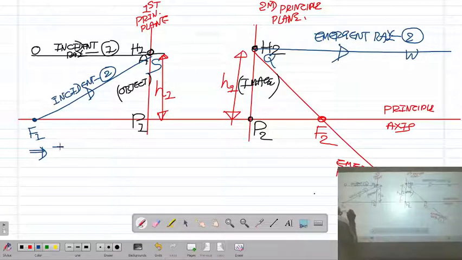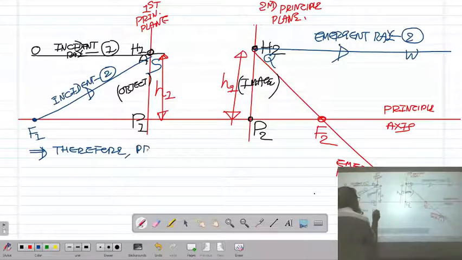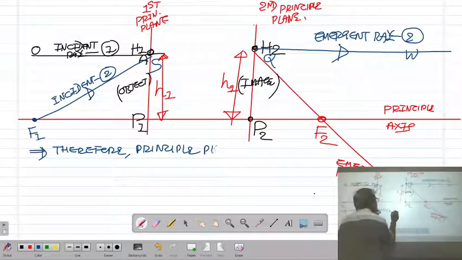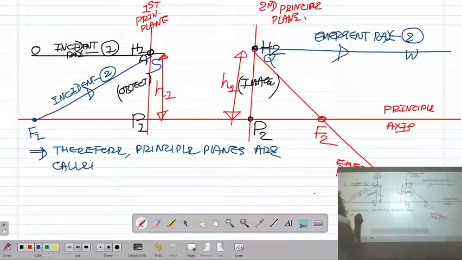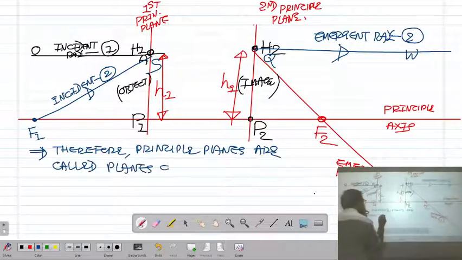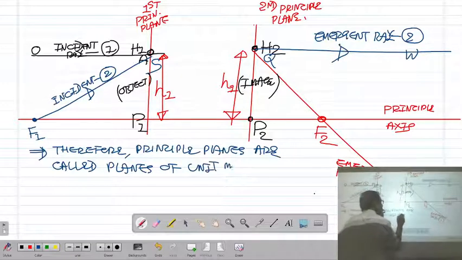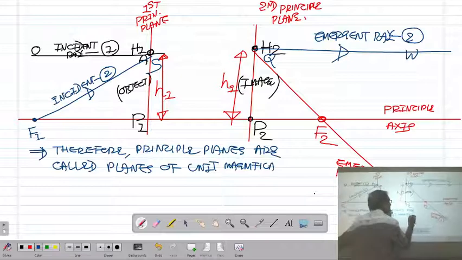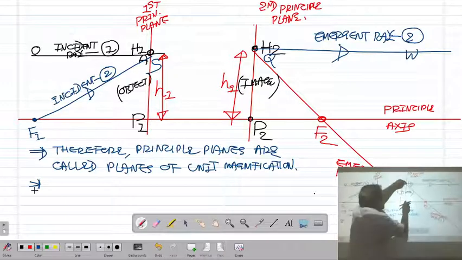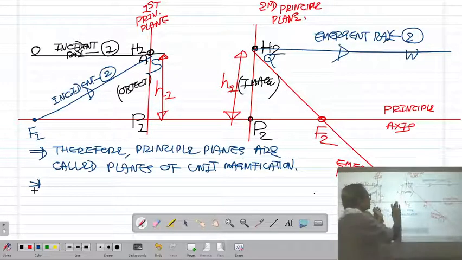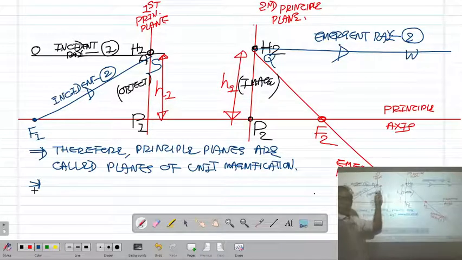Therefore principal planes are called planes of unit magnification, because the height of the image and height of the object are the same. Magnification of principal plane is image height h1 upon object height h1, that is 1.